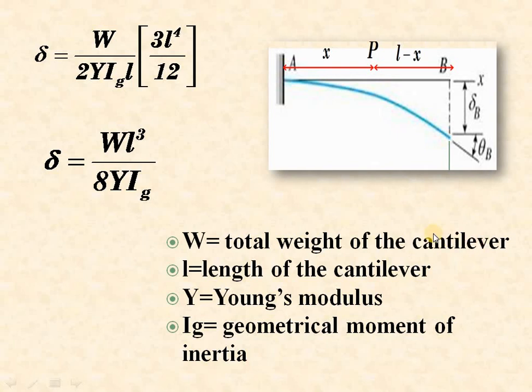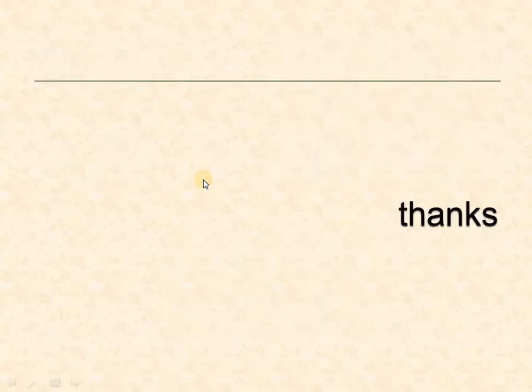Keep in mind, in the previous derivation, W was the weight that is externally attached. Here it is the weight of the cantilever itself. Small l is the length of the cantilever, Y is the Young's modulus, and I is the geometrical moment of inertia, which depends on the cross section. There is a different value for different types of cross section.